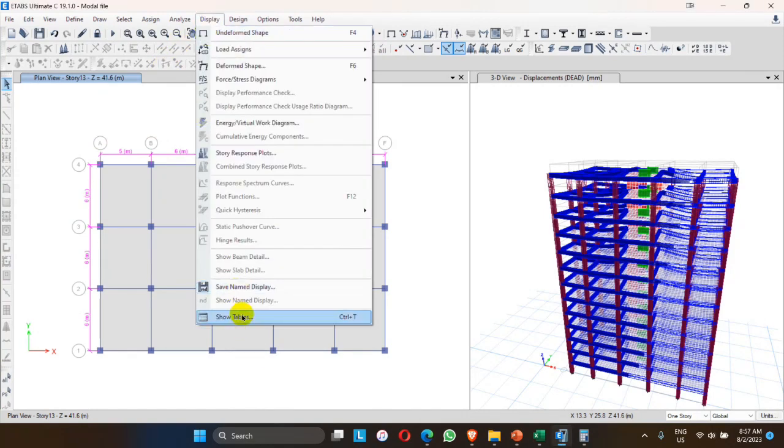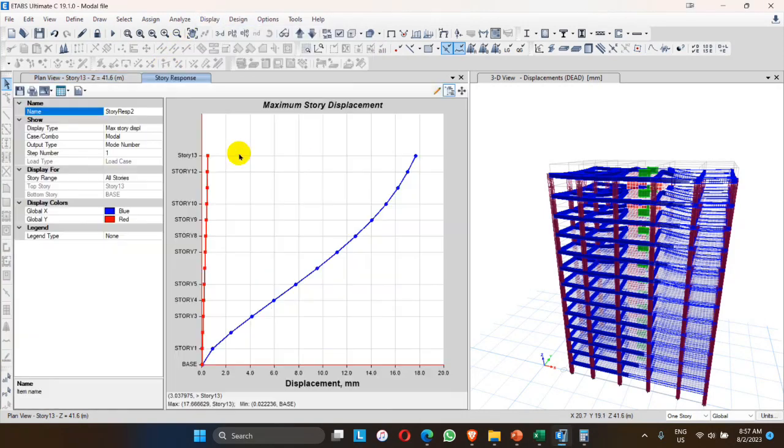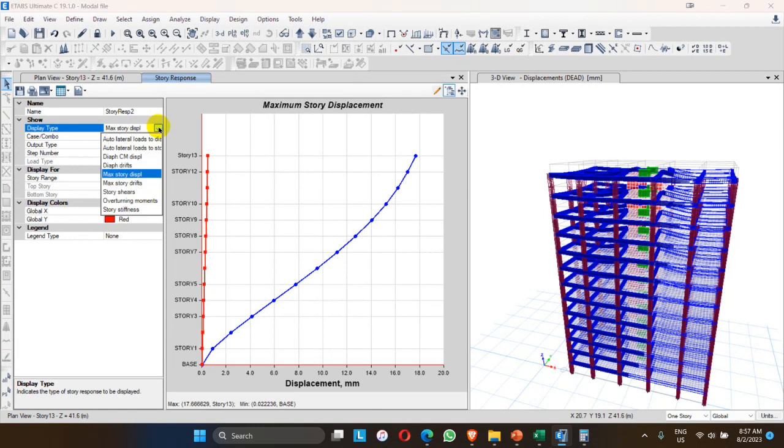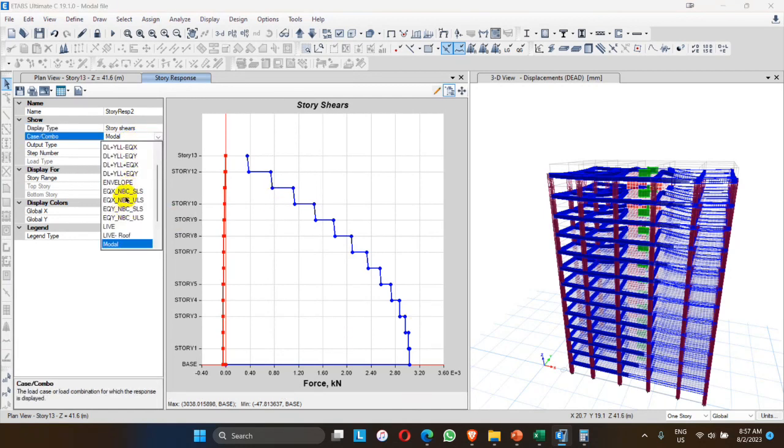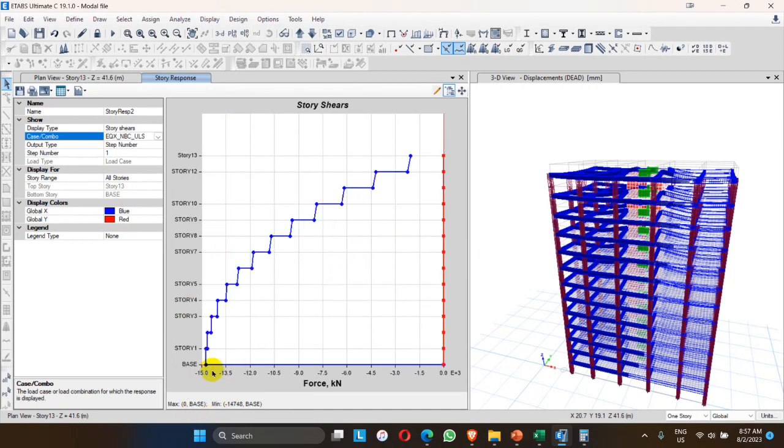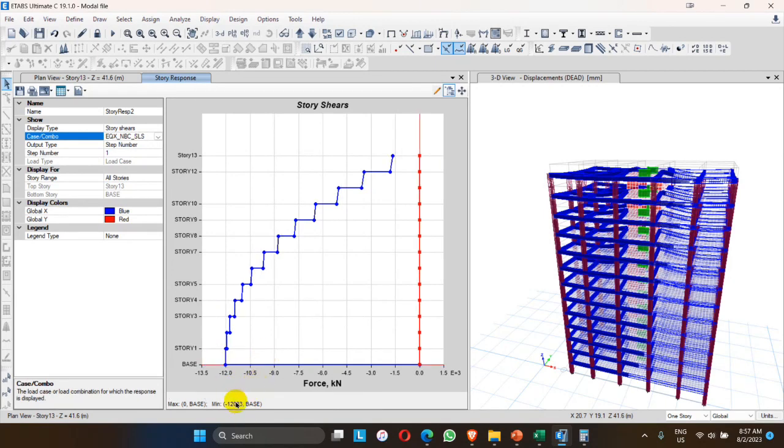from the model, let me go to story response plot. Here go to story shear. We have to look at the maximum story shear at the base, and let me go to EQX ULS. It is 14748, and if we go to SLS, it's 12033.